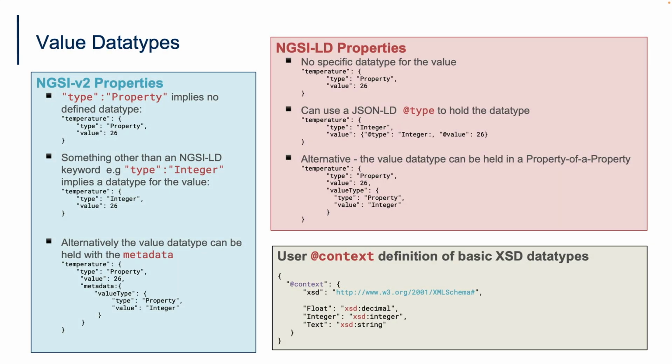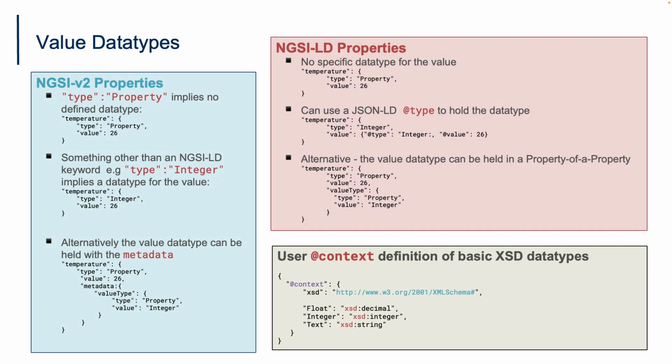That's perfectly doable. It is also possible to push this to, say, metadata, so you're going to have a value type metadata element. This contrasts with the way it works with NGSI-LD, where obviously your type has to be one of those core context things, so it has to be Property.